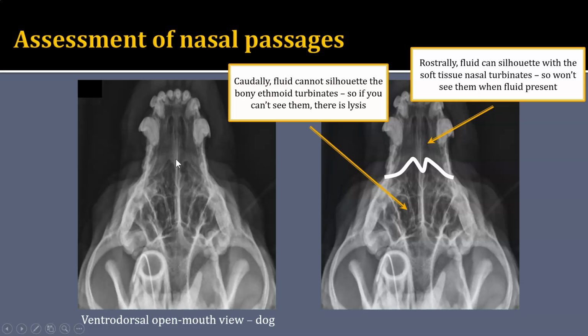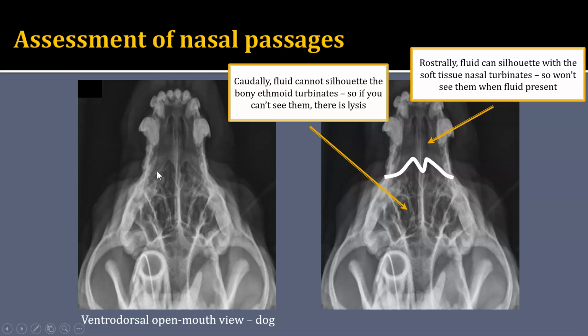Rostrally, if we have a fluid that might be mucus or hemorrhage or mucopurulent, that fluid can actually silhouette with the soft tissue of the nasal turbinates, and we won't be able to see them in nasal disease.